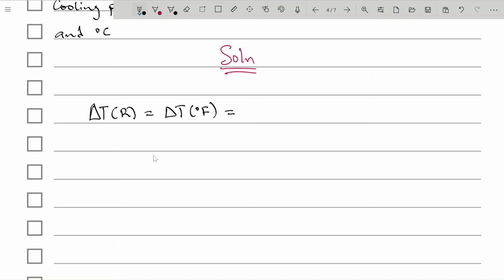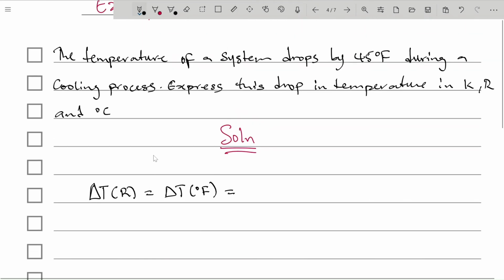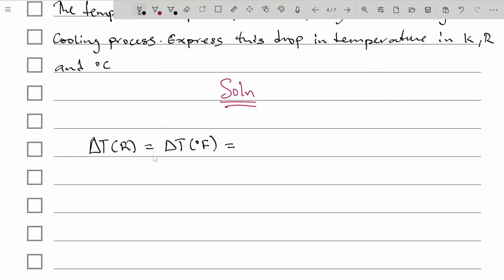Since we are already given 45 degree Fahrenheit, to express this temperature drop in Rankine, the answer will be equal to 45 Rankine.